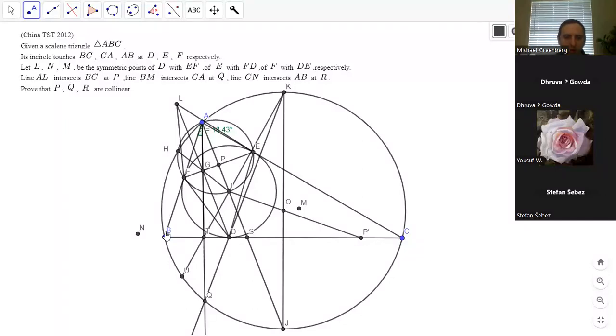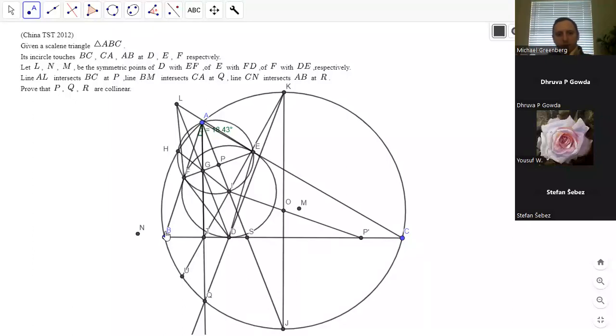In the worst case scenario, we can just bash it a bit with some trig, because we can calculate BT over TC. It is UB over UC, and UB over UC is something normal.